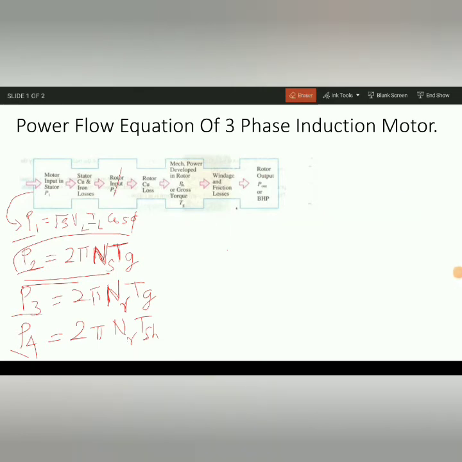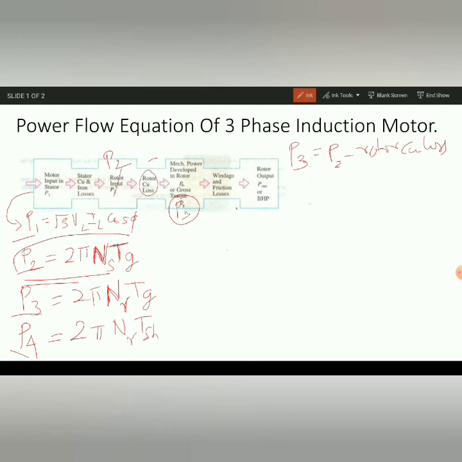Then another equation. We know P3 is equal to P2 minus rotor copper loss. Because here, this is P3, so P3 equals P2 minus this loss.